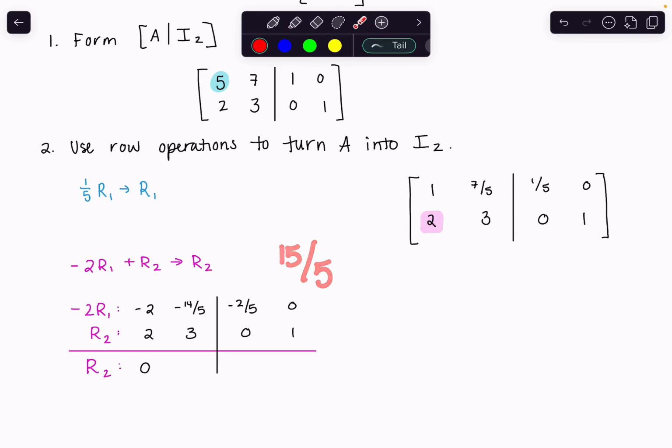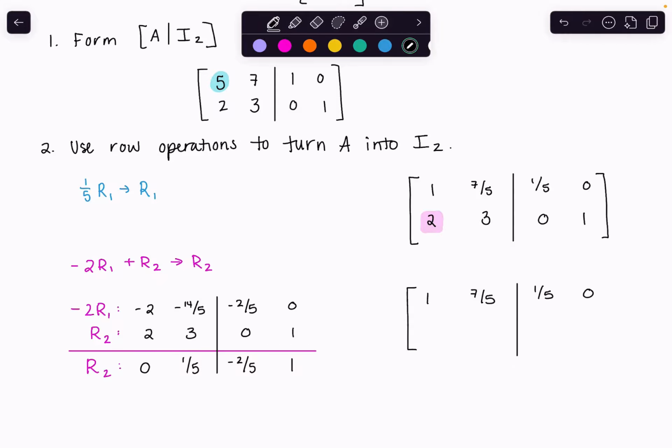So -14/5 leaves me with 1/5. And then that's -2/5 and 1. So that gives us the same first row. And now my new second row is 0, 1/5, -2/5, 1. Okay.